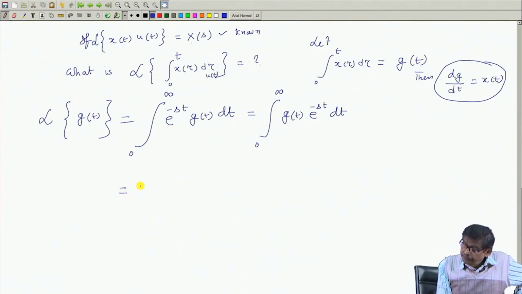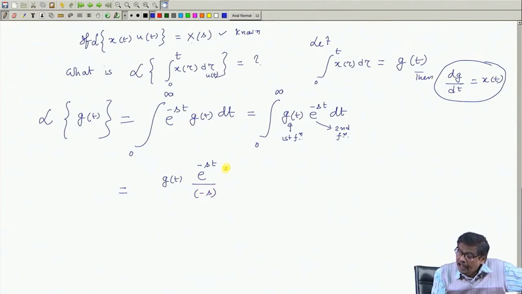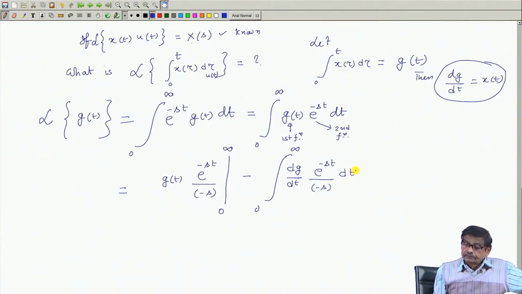So this will be equal to first function into integration of the second, that is e to the power minus st by minus s, evaluated at t equal to 0 and infinity, take that difference, minus the integration from 0 to infinity of the differentiation of the first function, that is dg/dt, into once again the integration of the second, into dt. Got the point?